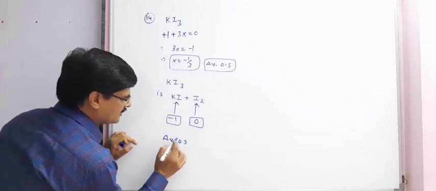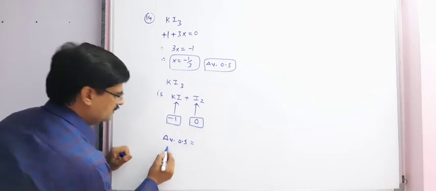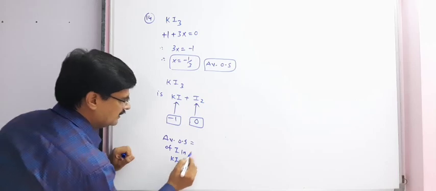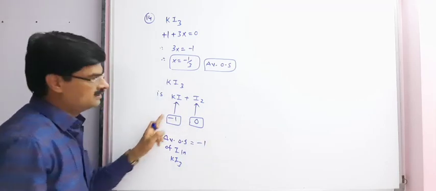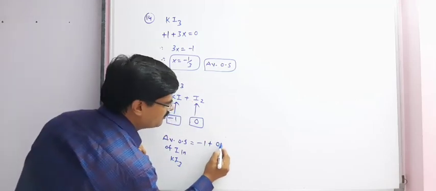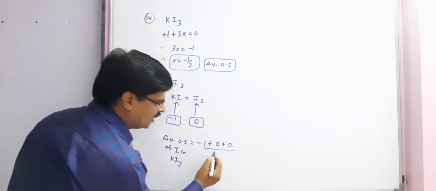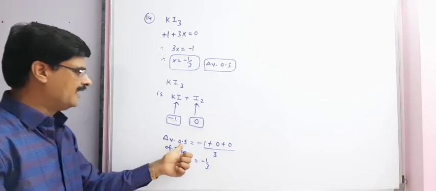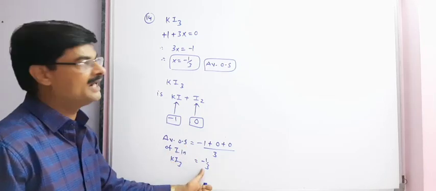The average oxidation state of iodine in KI3: we have 3 iodine. For the first iodine it is minus 1, but for the other 2 iodine we have 0 and 0, divided by the total number of iodine atoms, which is 3. So here we have got minus 1 by 3. So the average oxidation state of iodine in KI3 is minus 1 by 3.